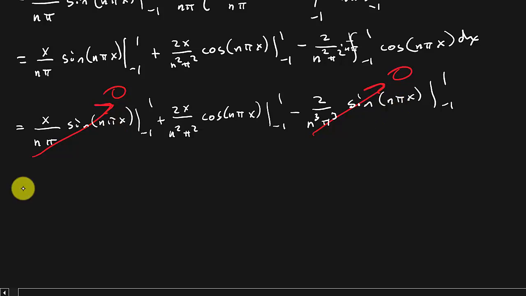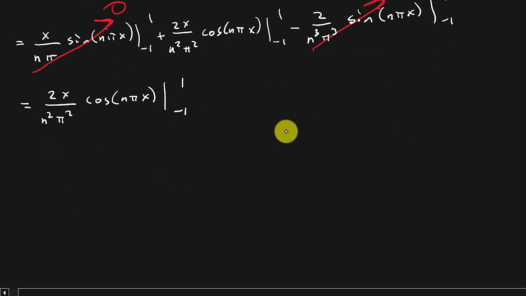So this is going to equal 2x over n squared pi squared cosine n pi, x from -1 to 1. That's all we got now. That's what we have to evaluate.